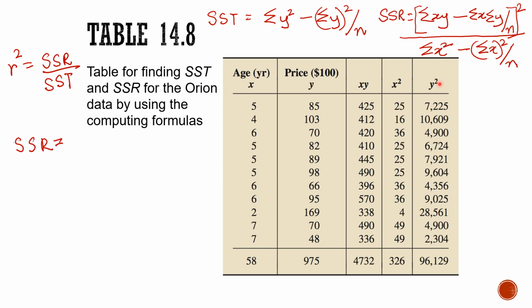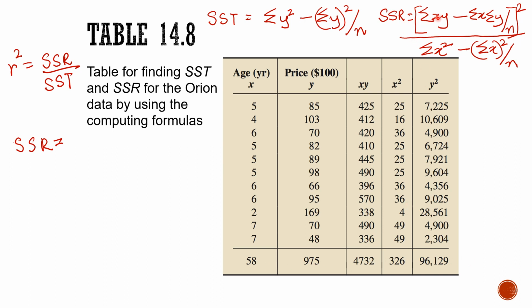But we need another column for the R squared value to find the SST, and that's the Y squared value. So we square all these Y values, write them in the last column, and sum them up, and we came up with a value of 96,129.